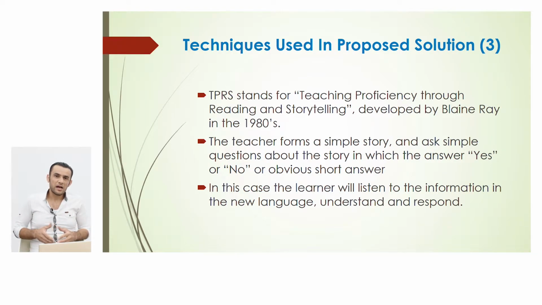Then, asking simple questions about the story, and the teacher and the child have to give simple answers. So instead of spending many hours explaining in the child's own language, for example, in my case, Arabic, about English, they will listen to English and respond in English from the first day.